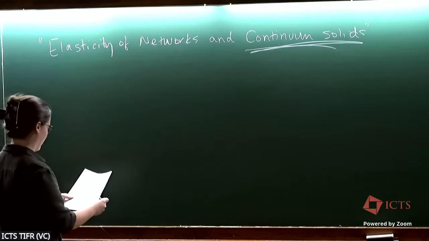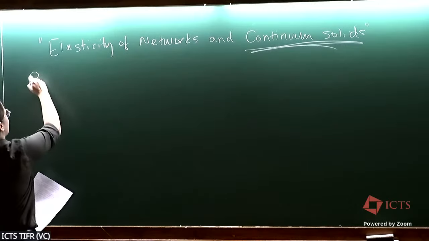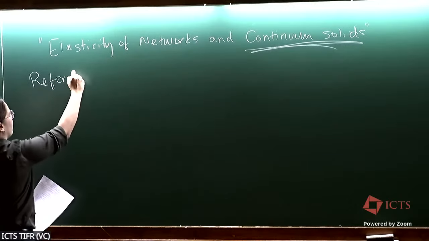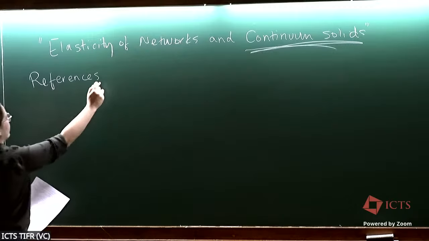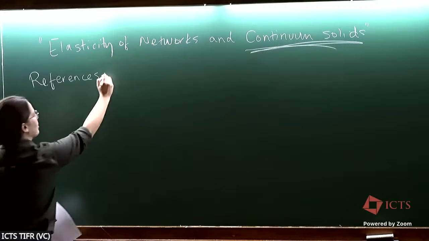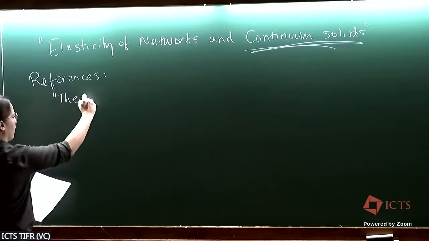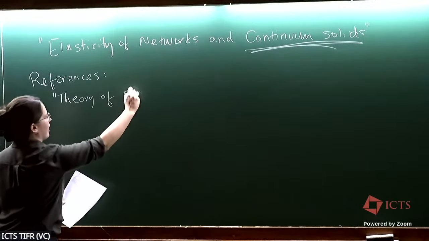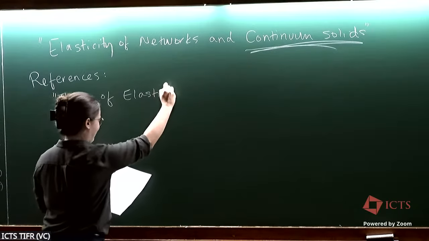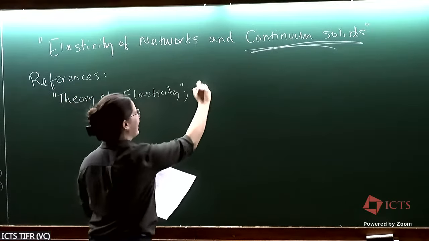All right, so the references that I used in making these notes and that I recommend you look at for more. You may consider looking at Theory of Elasticity by Landau and Lifshitz. This is a classic.